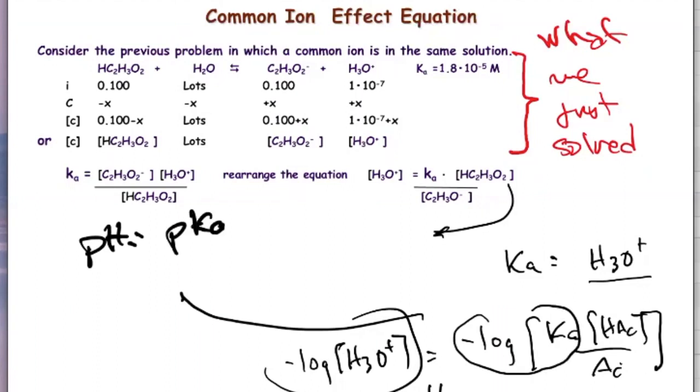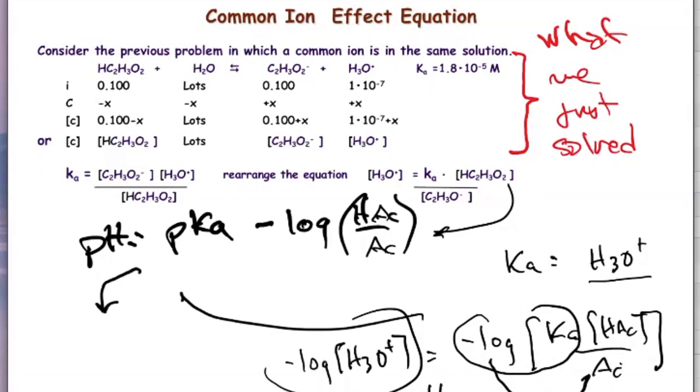And so if we take the negative log of that term, that's going to be minus the log of HAcO over AcO minus. Okay. So what we're going to do is simplify this even further and make this a plus. And the way we make that a plus is we just inverse this ratio right here.